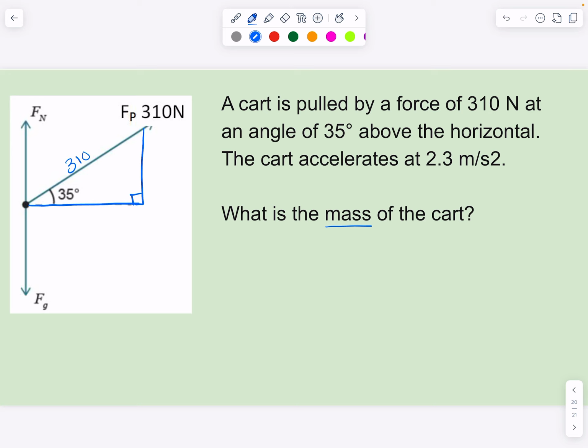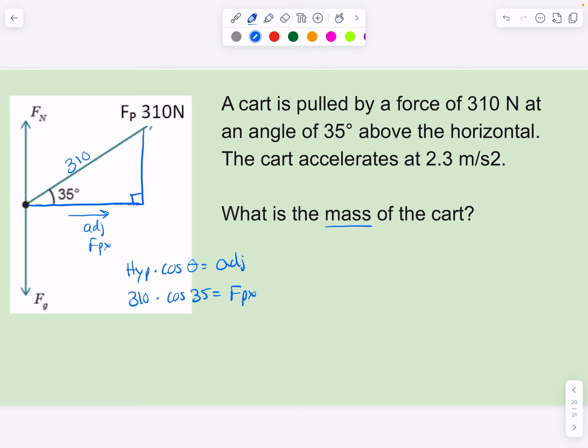So the mass of the cart is being found by figuring out how much of the movement is in this direction, this FPx once again. So this is going to be our adjacent side. So we're going to say that the hypotenuse times the cosine of an angle equals our adjacent. Or in our case here, 310 times the cosine of 35 is equal to our FPx value.